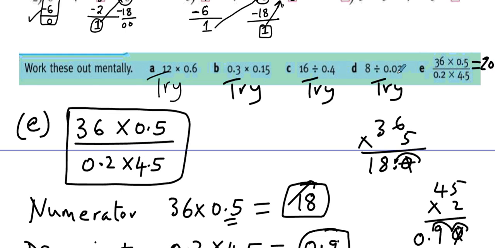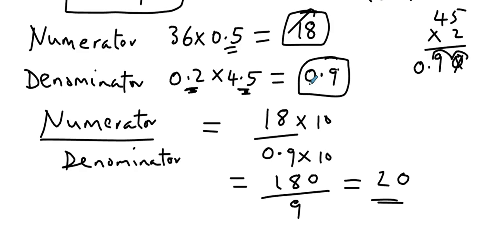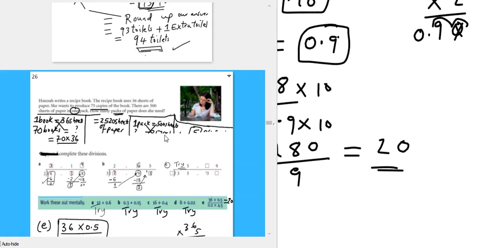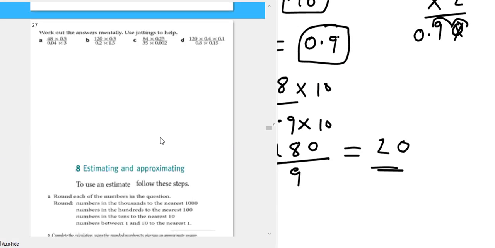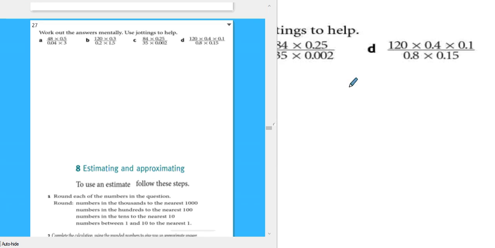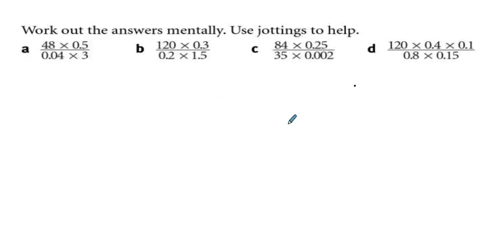That is how we do fractions. Hope that helps, and let me take you to this question here. Oh wow, do you see this method? Use jottings.